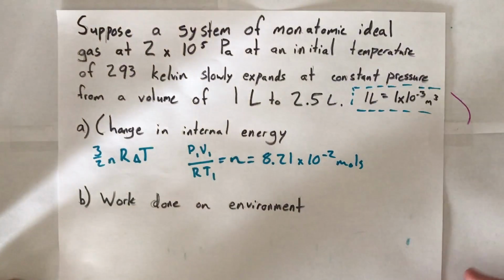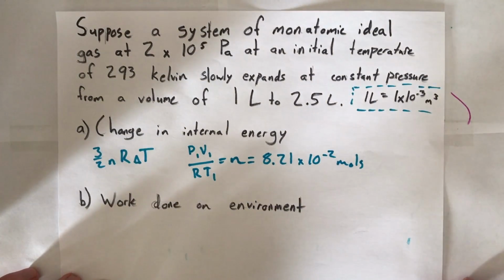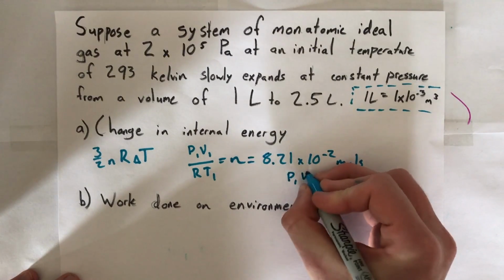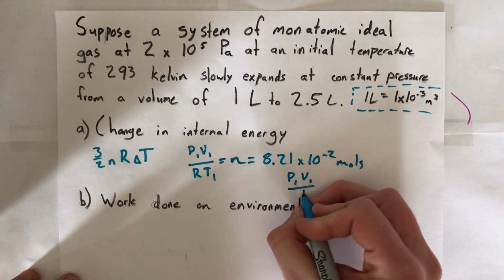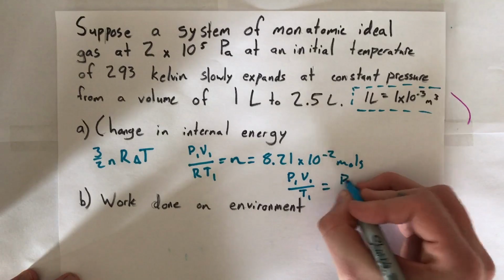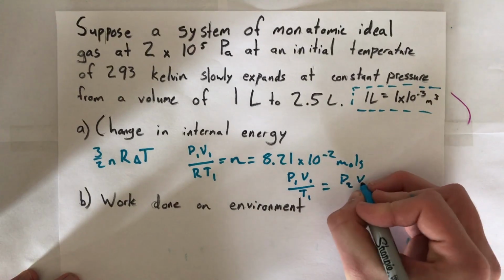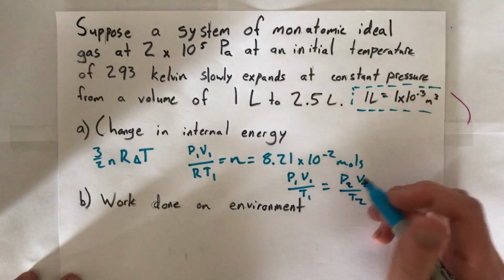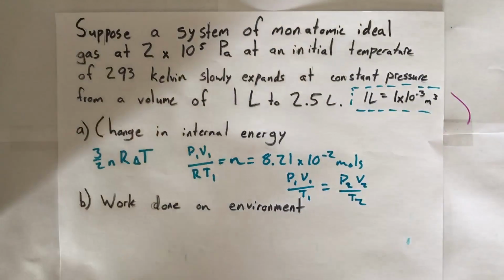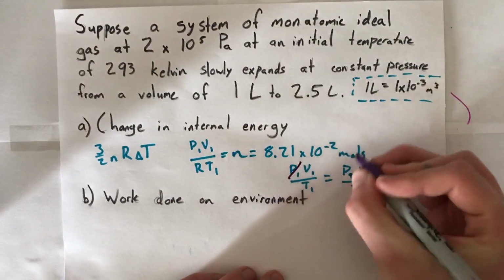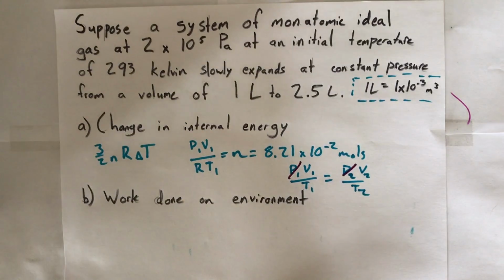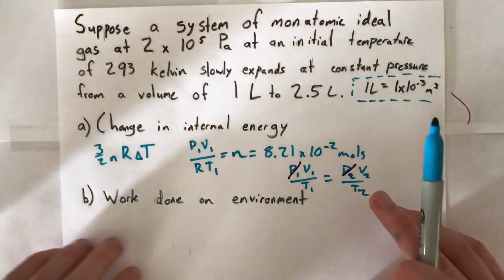We know it's constant pressure, so we're going to set these two equal to each other. We know P1 V1 over T1 equals P2 V2 over T2. And since these pressures are the same, we are able to cancel them, leaving us with V1 over T1 equals V2 over T2.